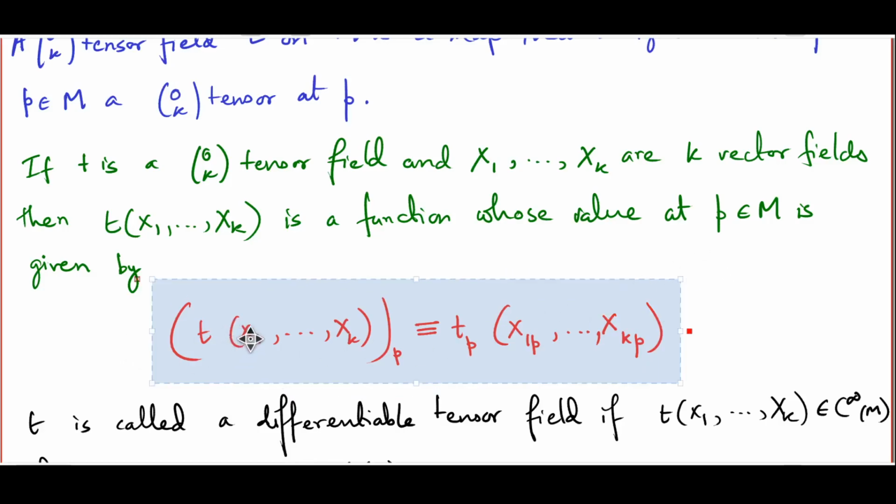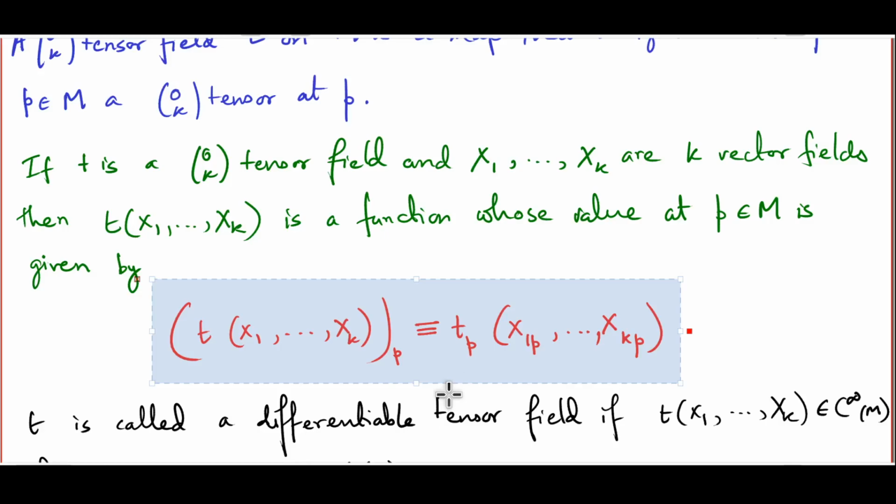T acting on X1, X2, Xk gives us a function whose value at the point P is given by the result of the tensor TP, which is the value of T at the point P, acting on the values of each one of these vector fields at the point P, which are of course k tangent vectors at the point P. Remember, a tensor, in particular a 0k tensor at a point P, acts on k different tangent vectors at the point P and returns a number. And that number is nothing but the value of this function T of X1, X2, Xk at the point P.